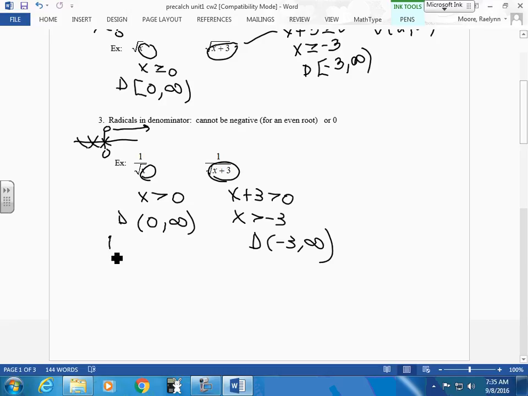What's the domain restriction for this? What's the domain for this? One, I can use 1. Can I use a 0? Can I put a 0 in here for x? Yeah. Can I put a negative 1 in there?